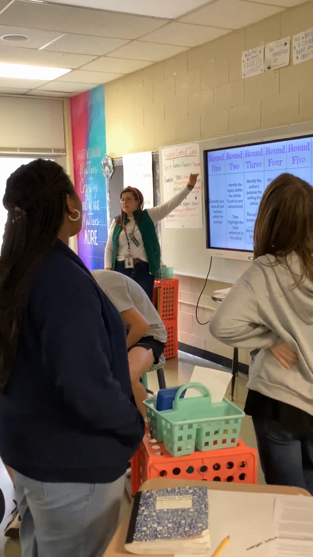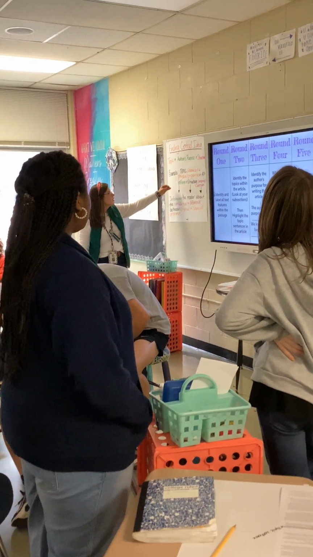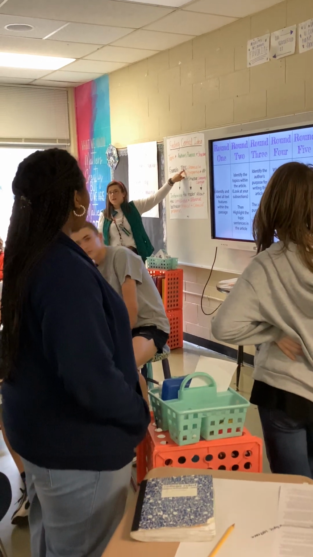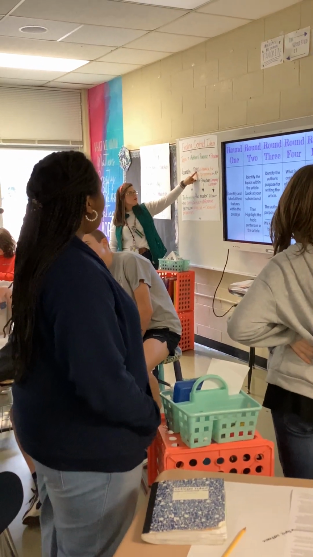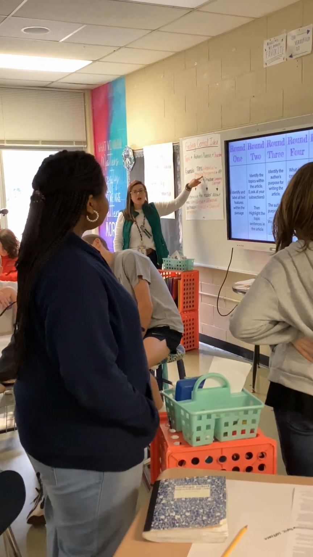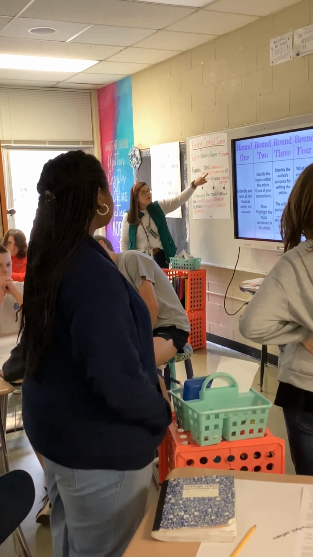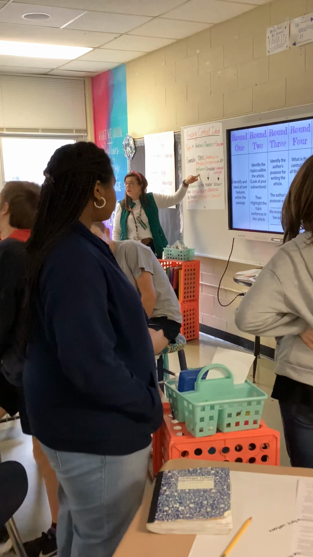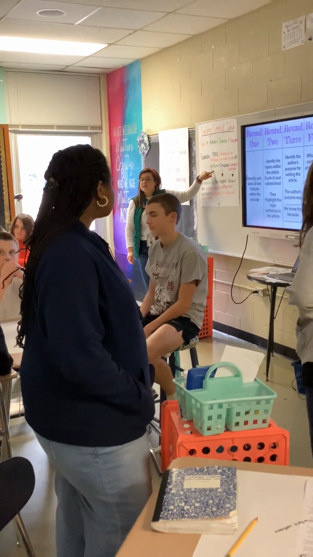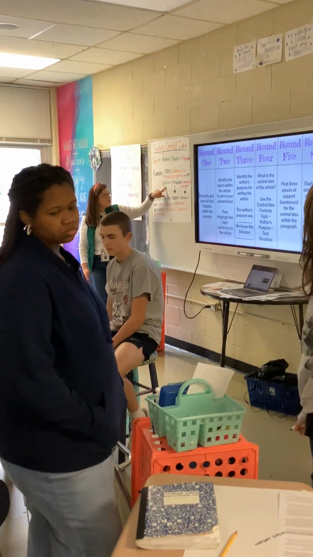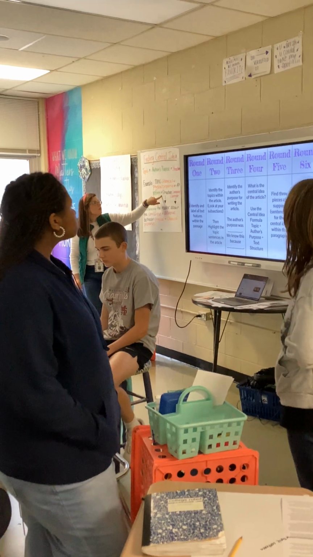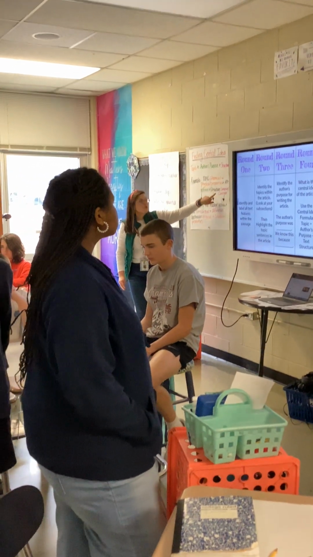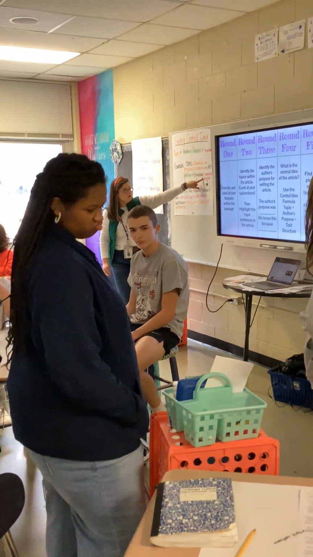For an example, so you don't have to dig through your notebook, if we were reading an article and the topic of the article was chemical and physical properties, plus your author's purpose to inform. Your group ahead of you should have already identified the author's purpose for you, plus the structure. So what's the structure of the article?